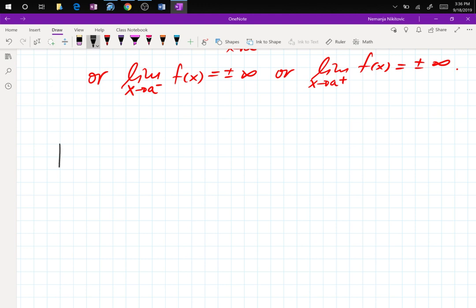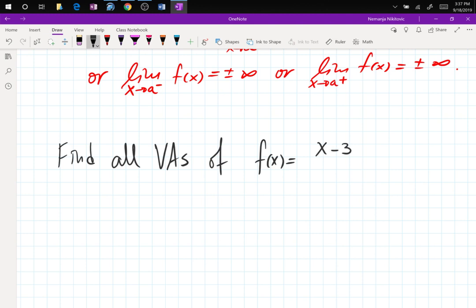So find VAs, vertical asymptotes, since maybe there's a vertical asymptote or multiple vertical asymptotes. How about this? Find all vertical asymptotes of f of x equals x minus 3 over x squared minus 9.